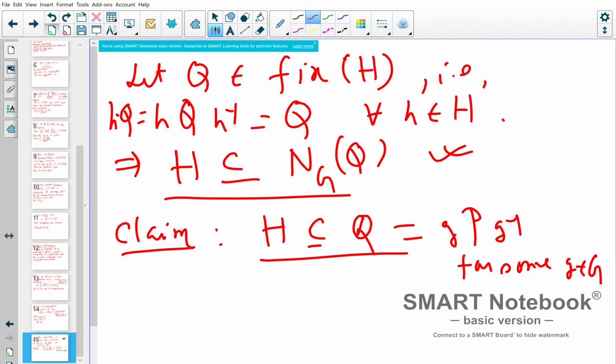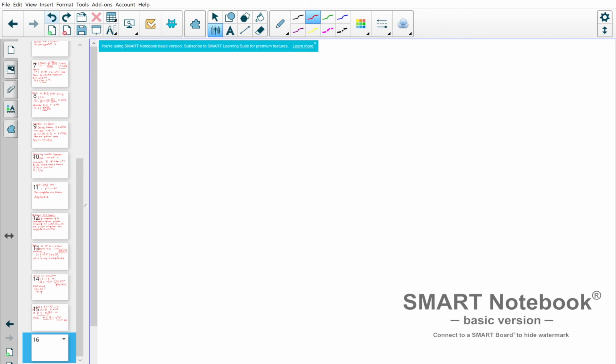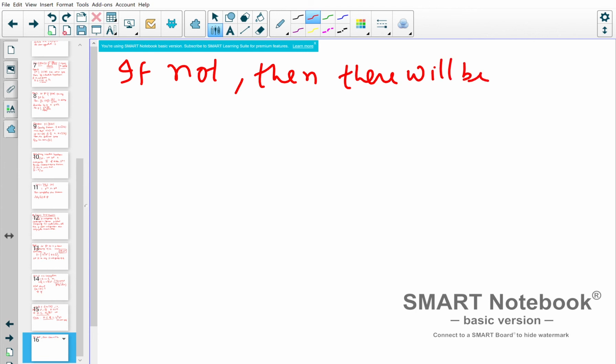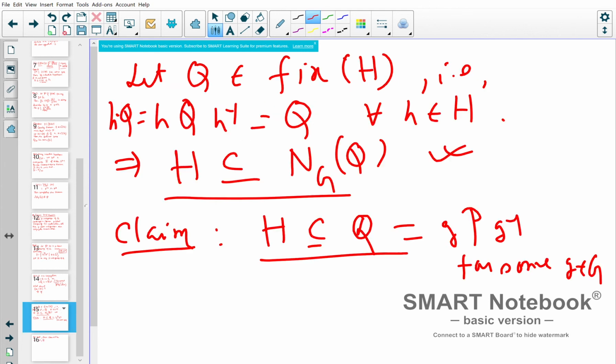Let us prove it by contradiction. If not, then there will be some x belonging to H which is not inside Q. I want to prove that H is a subset of Q, and I am assuming that it is not true.